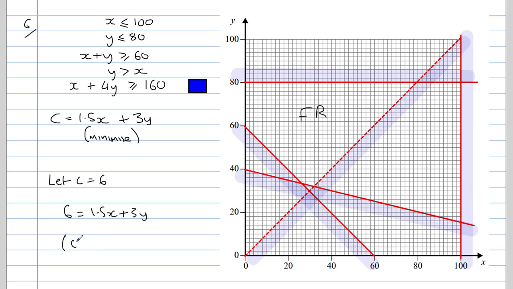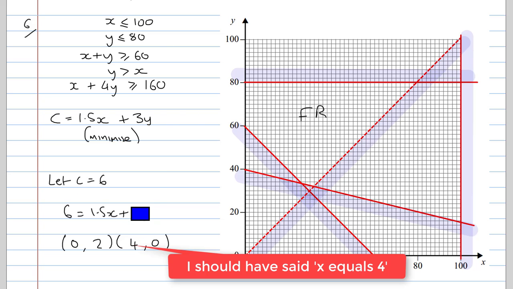We would get (0, something) and (something, 0). So when x equals 0, 3y equals 6, that would mean y equals 2. And when y equals 0, 6 equals 1.5x, that would mean x equals 4.